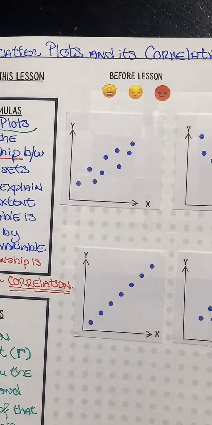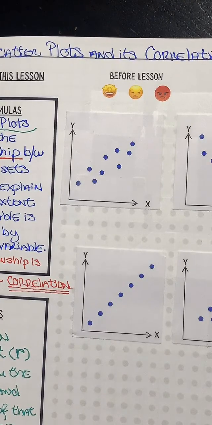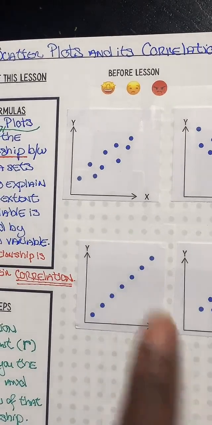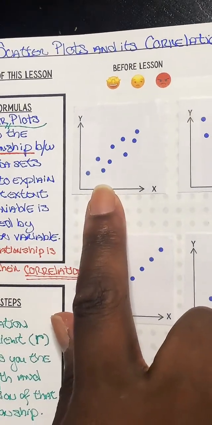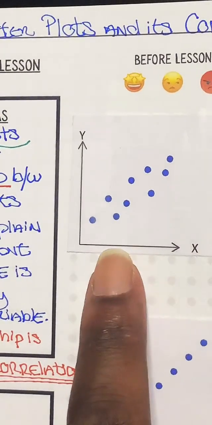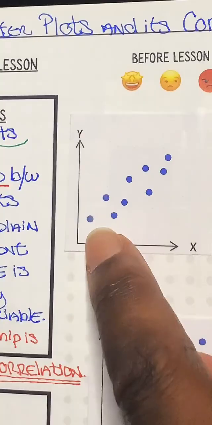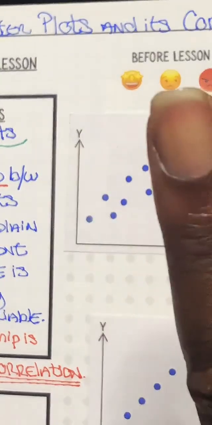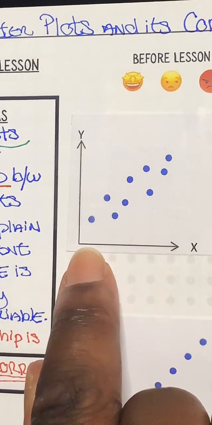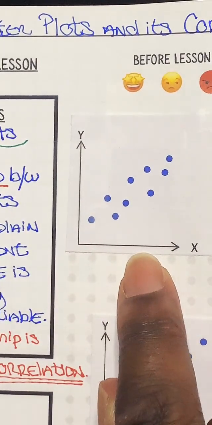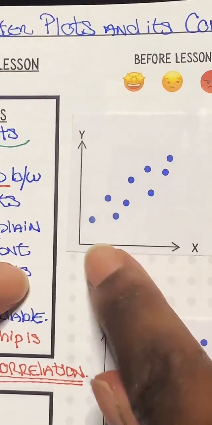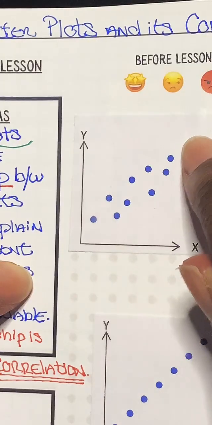All right. So let's take a quick look at the different types of scatter plots. So for this one right here, let me zoom. Okay. So for this one, I noticed that the points are not in a direct line, but if I follow the trend, as my x's are increasing, it looks like even though it's kind of staggered, my y's are kind of having this increasing trend as well.